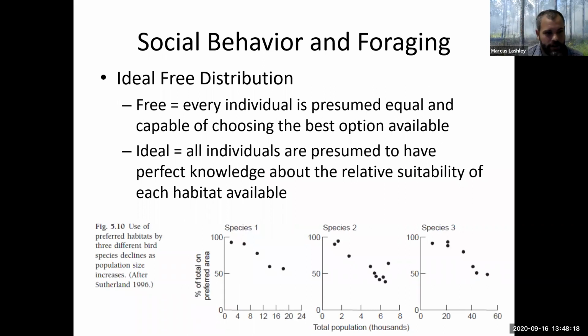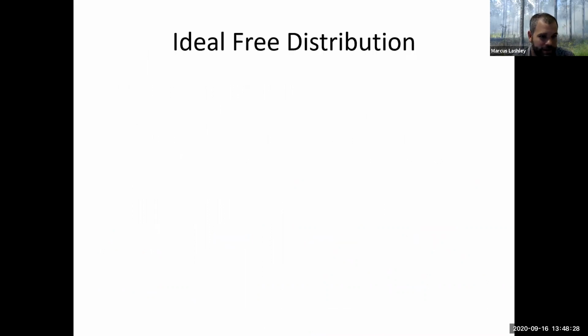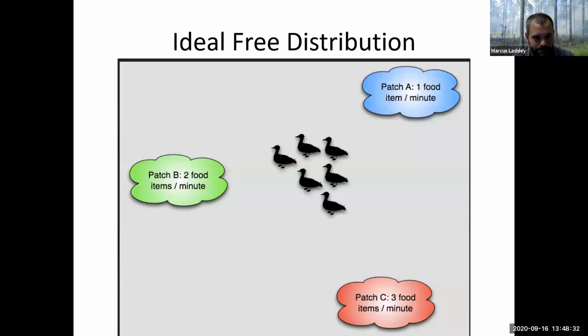If that is occurring, what we would call that is that species is occurring spatially in an ideal free distribution, all right? So basically what we mean by that, let me explain it to you in my little cartoon graphic. If we have 3 patches, A, B, and C, and we have 1 food item in A, 2 in B, and 3 in C, right?